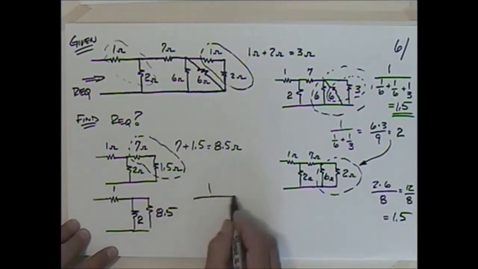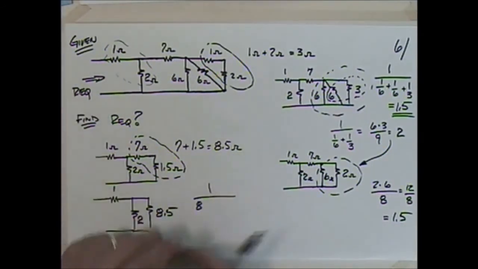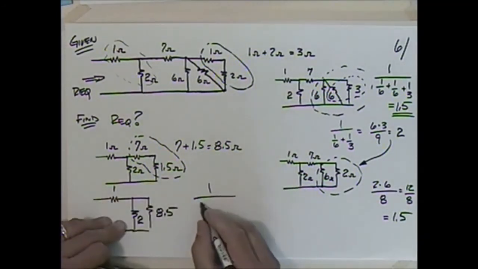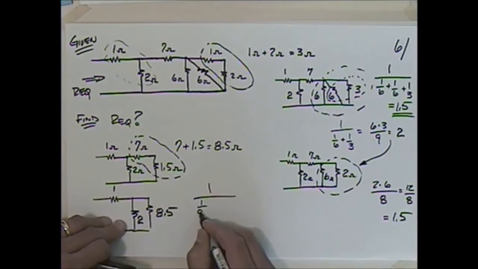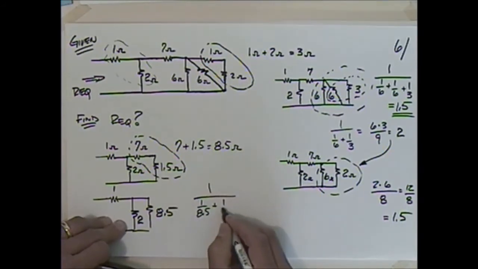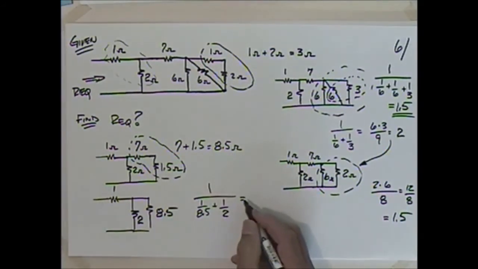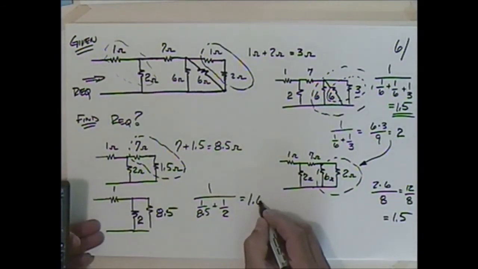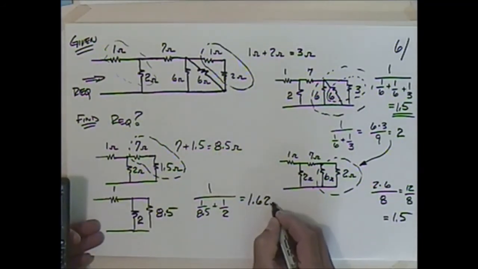So what's 1 over 8.5 plus 1 over 2? 1.62 ohms.